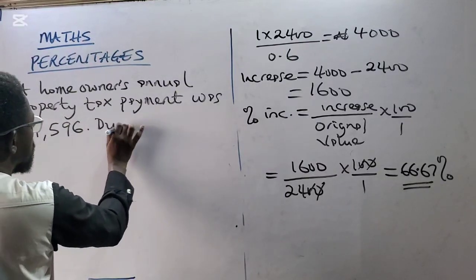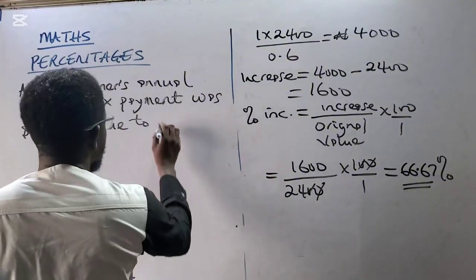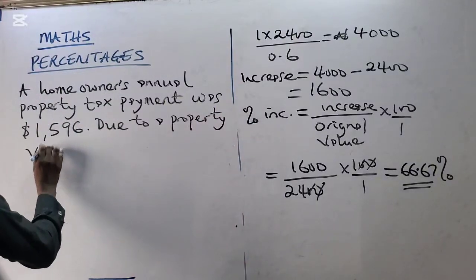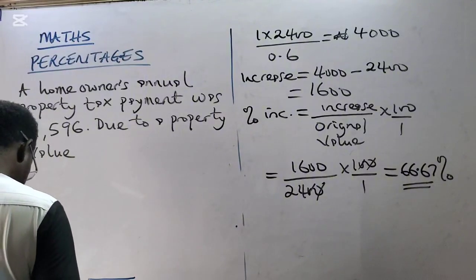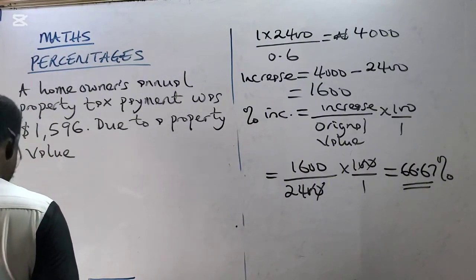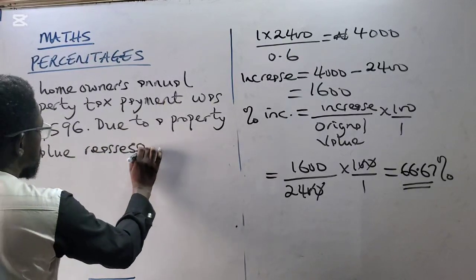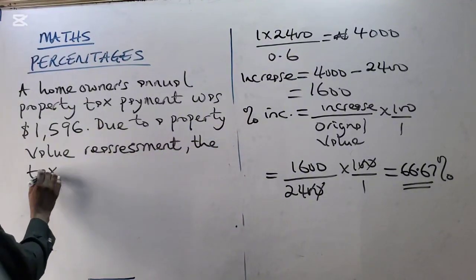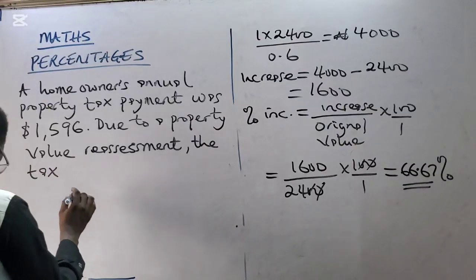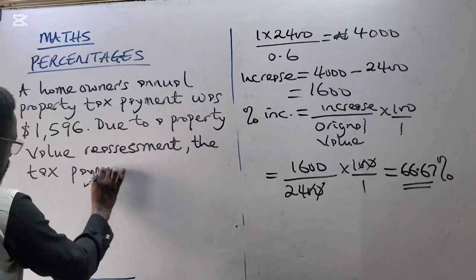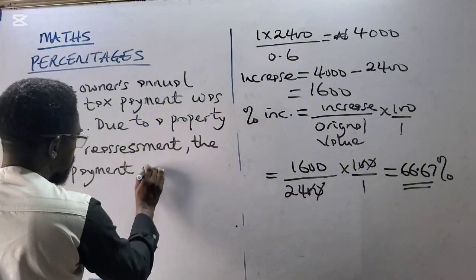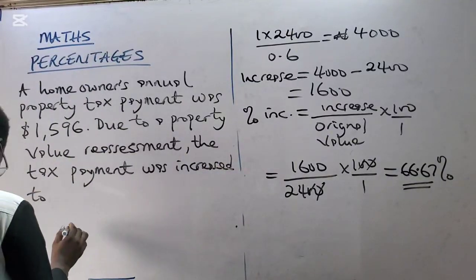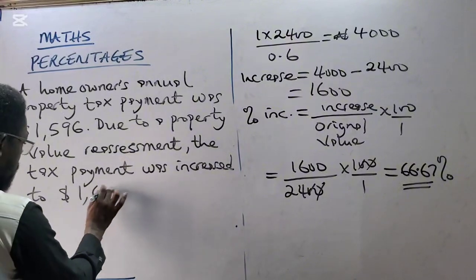Due to a property value reassessment, the tax payments was increased to $1,665.